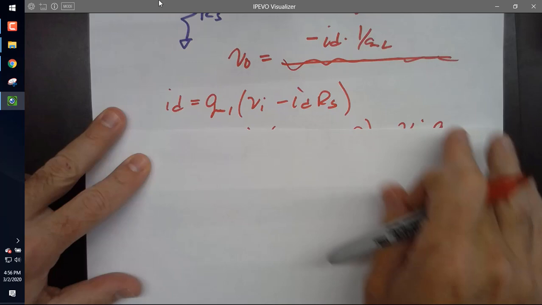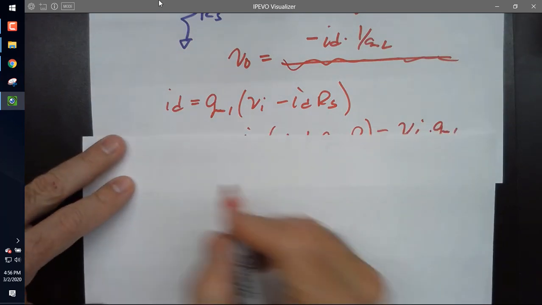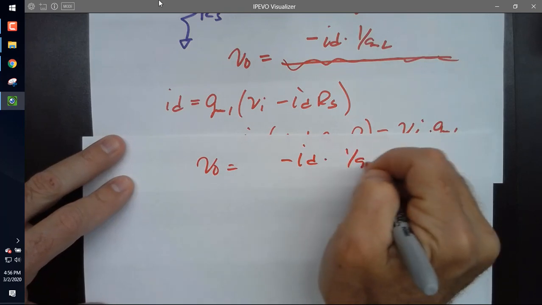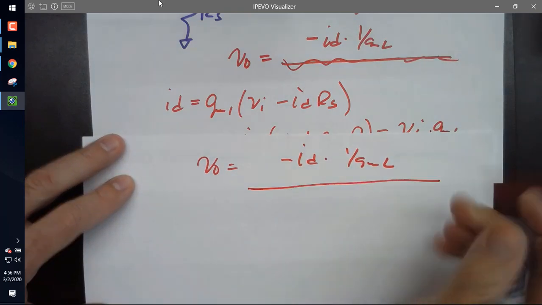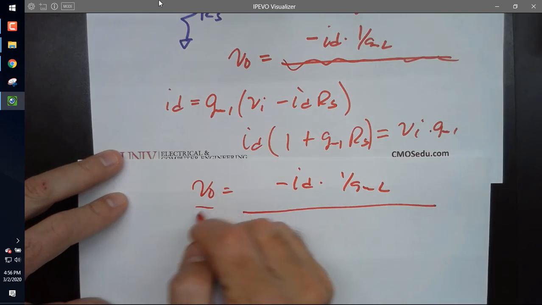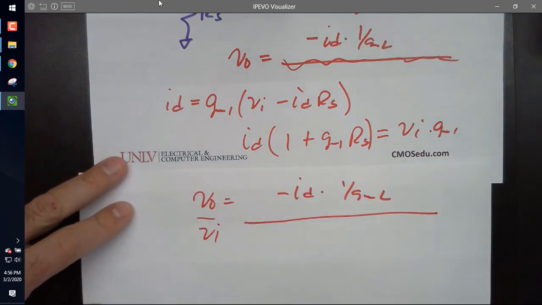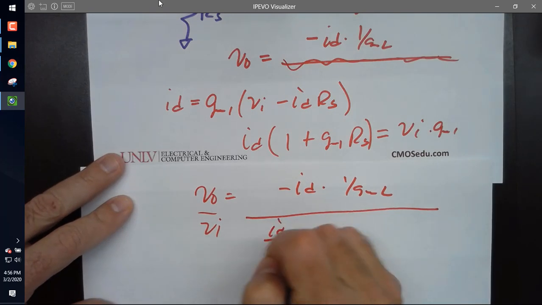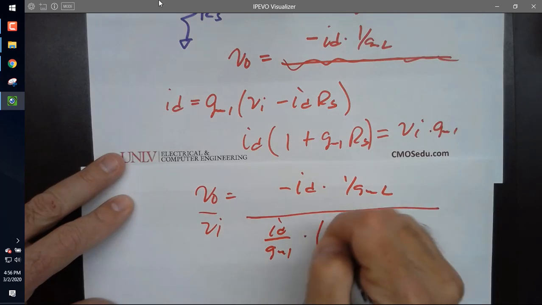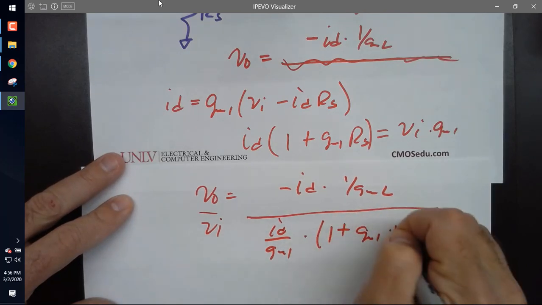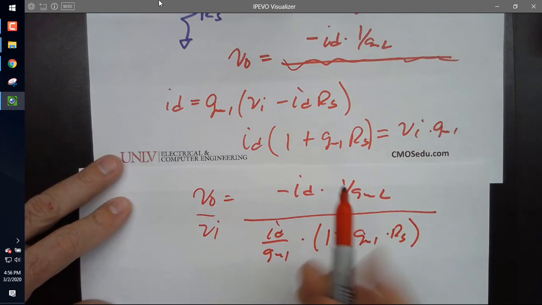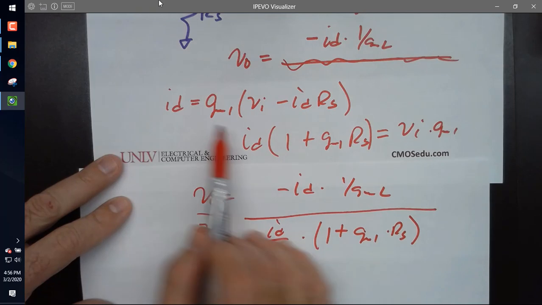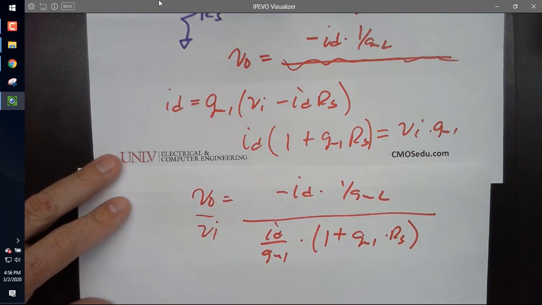I have V out equals minus ID times 1 over GML divided by V in, and I'm going to solve for V in using this, which would be ID over GM1 times 1 plus GM1 times RS. Let me make sure I didn't make a mistake. V in, M1, ID. Yep, looks right to me. Anybody agree?